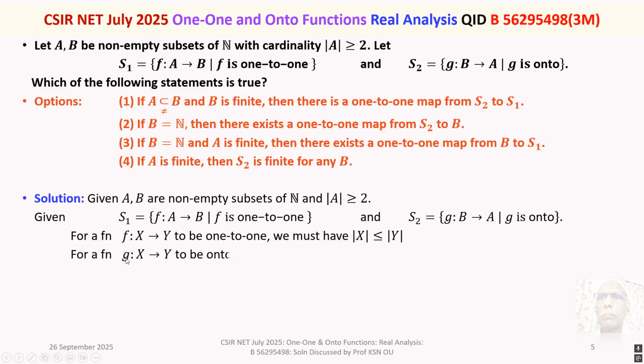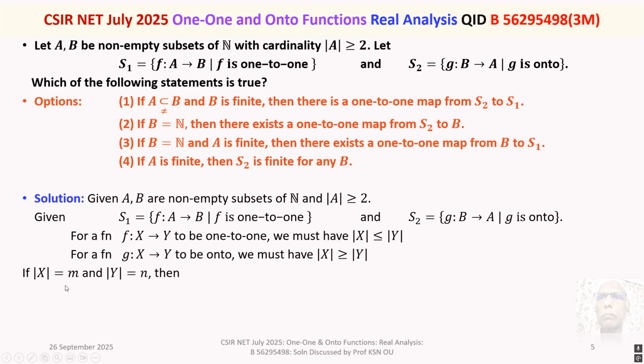For a function g from X to Y to be onto, we must have cardinality of X greater than or equal to cardinality of Y. That is, the cardinality of the domain is greater than or equal to cardinality of the codomain. Yes, these are true, but the converse need not be true.